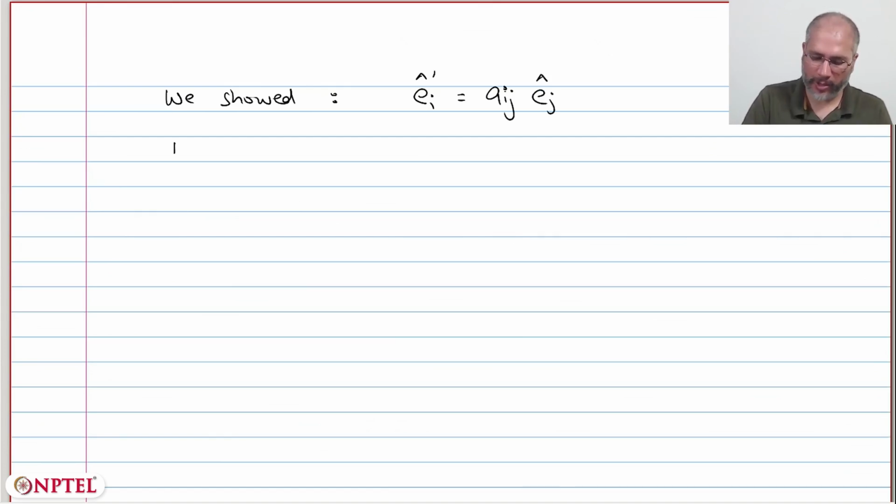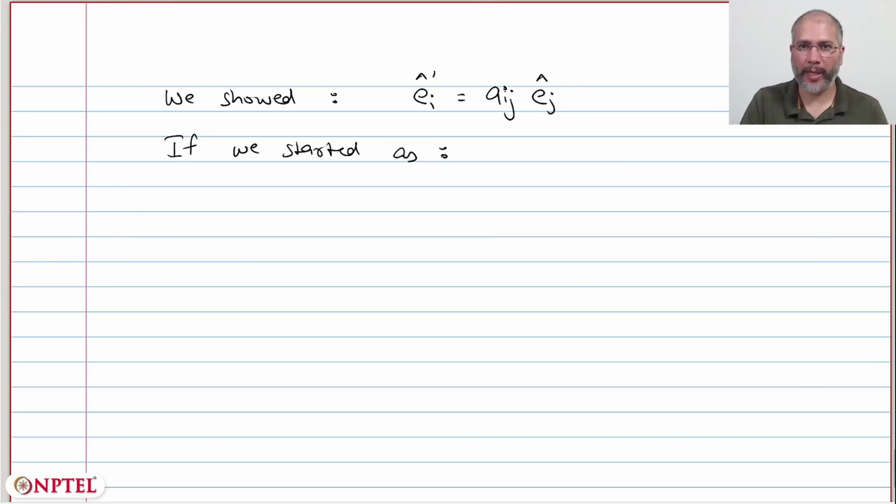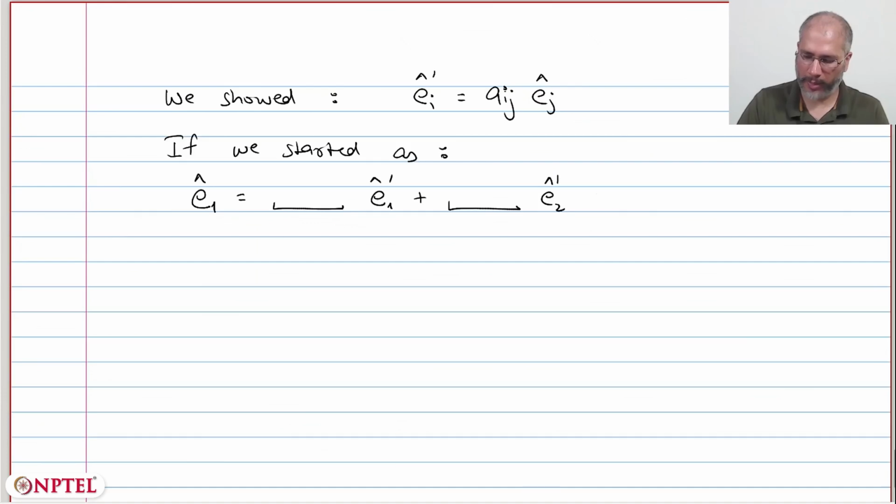But if we had started in a different way, rather than writing e_1 prime in terms of e_1, e_2 and e_3, if we tried to do the reverse, that is, write e_1 hat as some component times e_1 prime plus some component times e_2 prime plus some component times e_3 prime, we would have got an e_1 dot e_1 prime here, then an e_1 dot e_2 prime and e_1 dot e_3 prime.